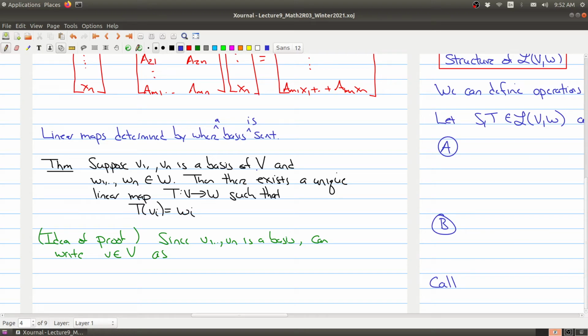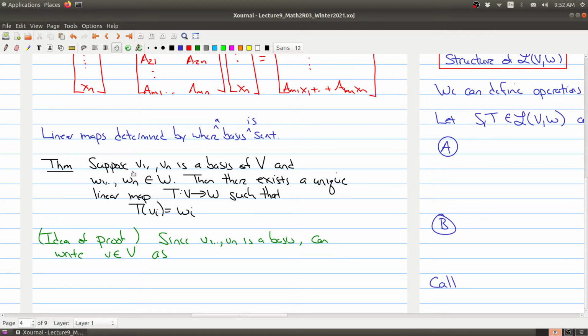Suppose that you have a vector space and you have a basis v1 through vn of your vector space, so we probably have an n-dimensional vector space, and then I can take any n arbitrary elements in W. Then there exists a unique linear map from V to W such that vi maps to wi.